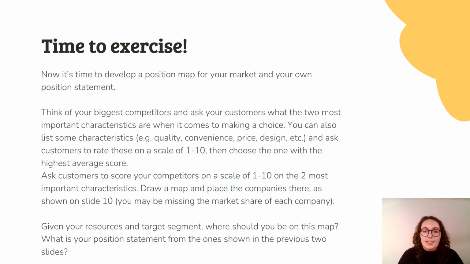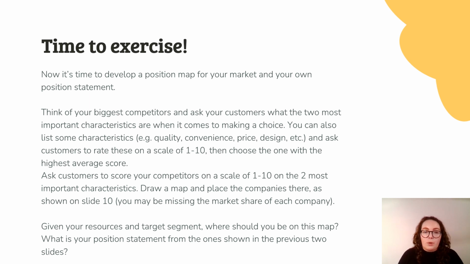The exercise in this lesson is dedicated to developing a position map. You have to map your market and identify your positioning, your competitors, and so on. In order to do this, talk to your customers and identify the most important characteristics to them. Based on those characteristics, how do you rate your competitors?